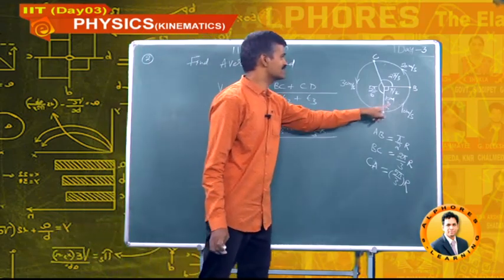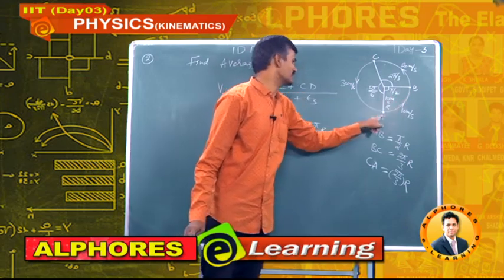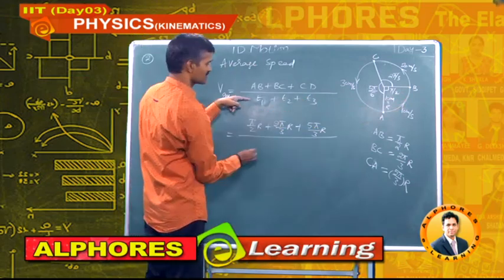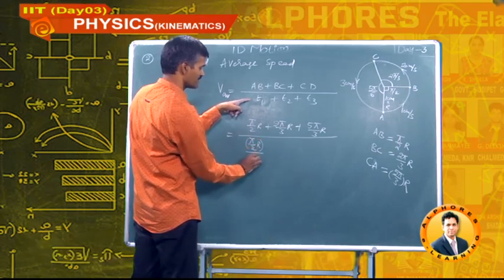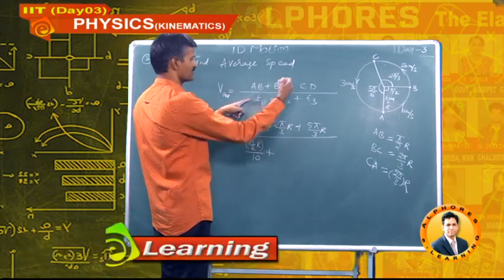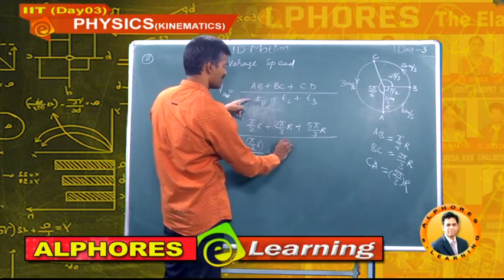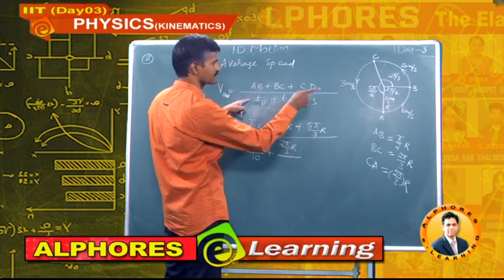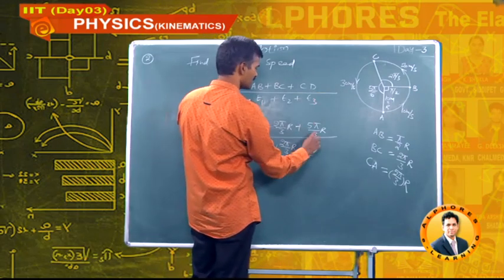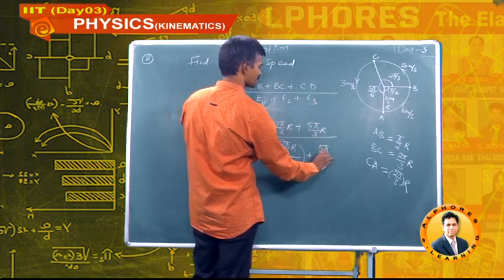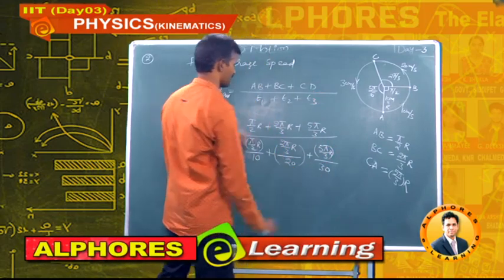Here, time is distance by speed. So, for the interval AB, time is distance pi by 2 r divided by speed 10 meter per second, plus for the next journey 2 pi by 3 r divided by speed 20 meter per second, plus the third interval, 5 pi by 3 r divided by speed 30 meter per second.